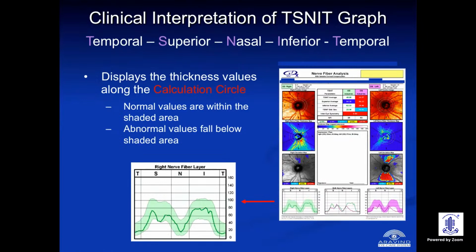The normal values are within the shaded area, and abnormal values fall below the shaded area. What you need to know is there's a typical double hump pattern where at the superior and the inferior retinal nerve fiber layer, the thickness is maximum.